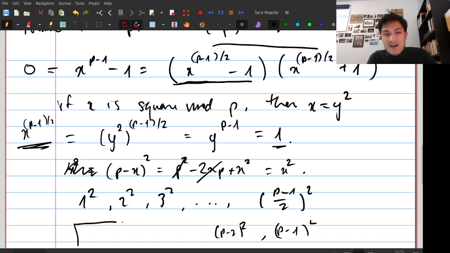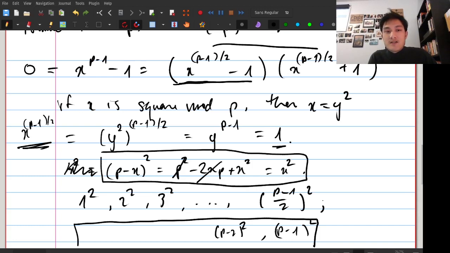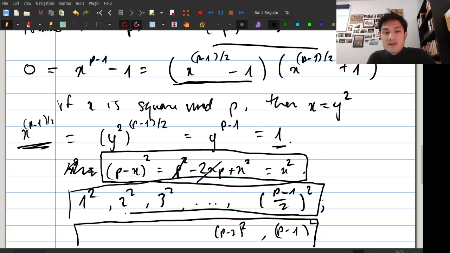The second half of the list is equal to the top half of the list because of this equation. So there are (p-1)/2 distinct squares modulo p, and all of them are solutions to this first equation here.